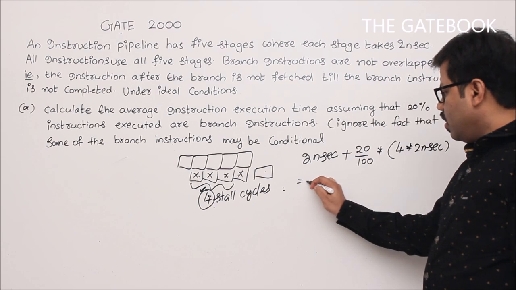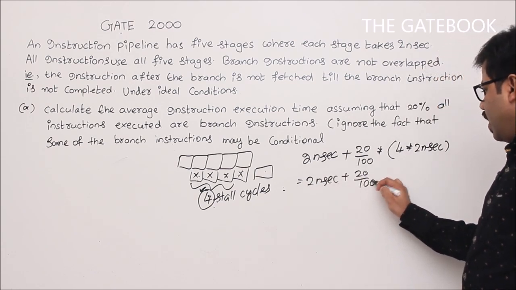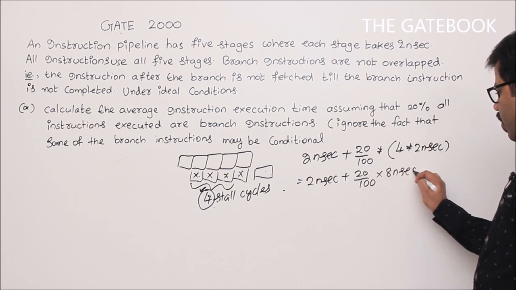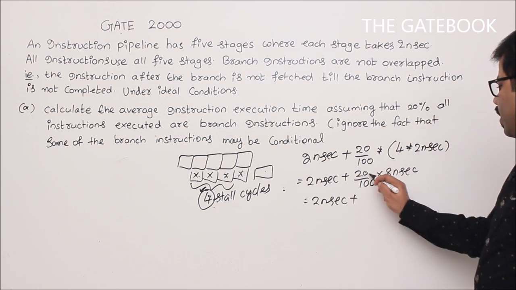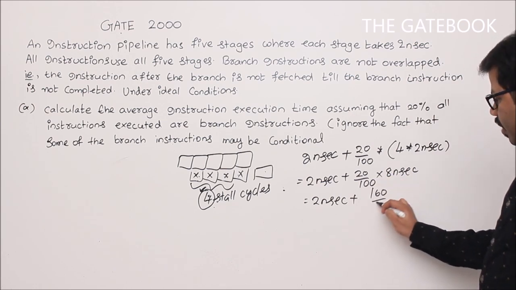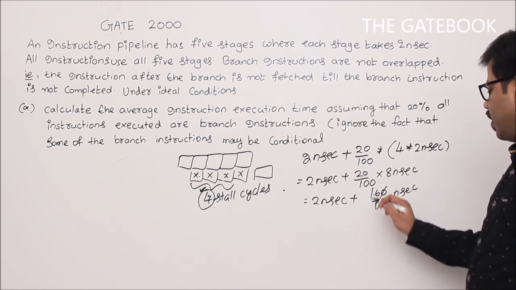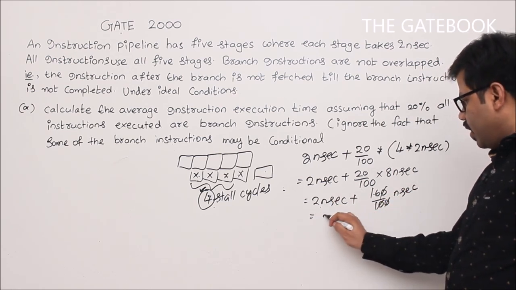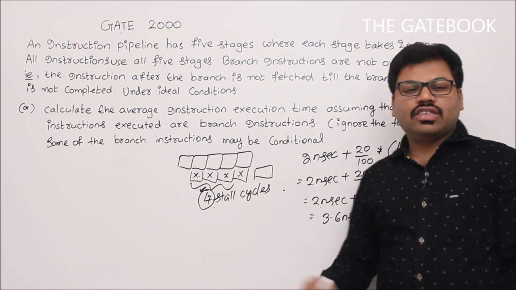So 2 nanoseconds plus 20% of 8 nanoseconds. If you simplify it, you get 2 nanoseconds plus 160 by 100 nanoseconds, right? Same thing, you get 1.6 here, 2 nanoseconds plus 1.6 nanoseconds, 3.6 nanoseconds. So this is the way we can solve this question.